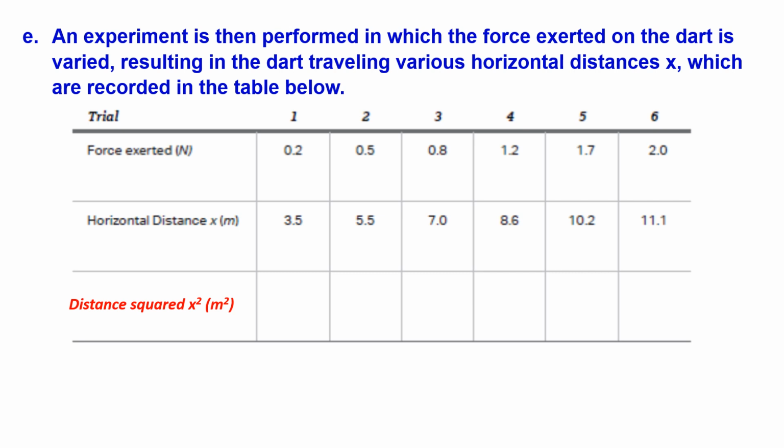So the horizontal distance squared is basically our vertical axis. So this is your y-axis.